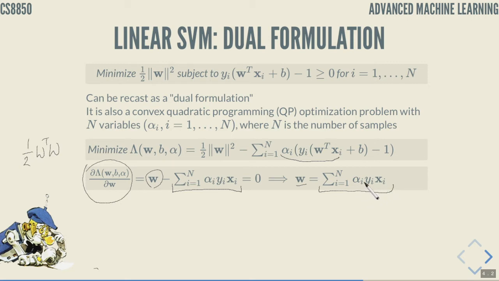coefficient, the Lagrange multipliers. So now, look, we have the W. Let's take it and plug it back in.